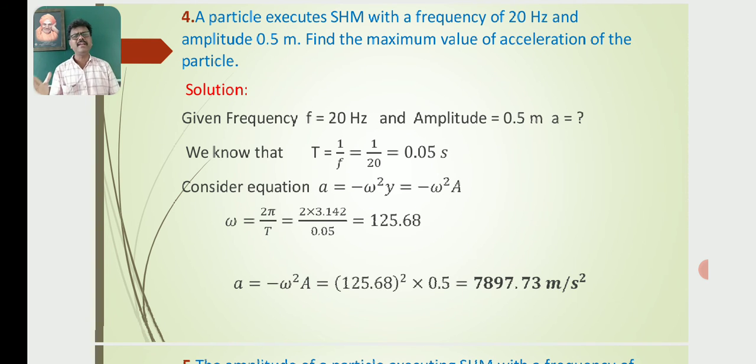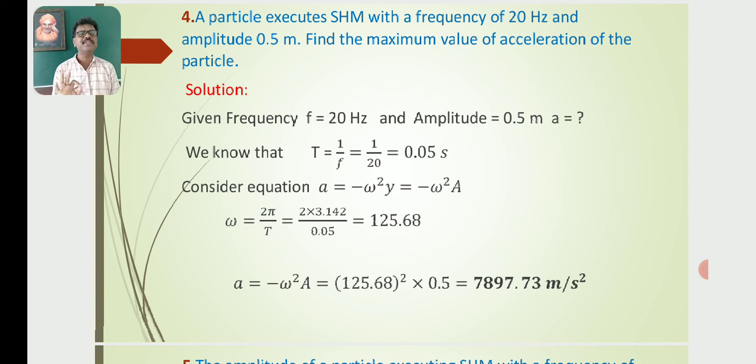And neglecting the negative sign, omega is equal to 2 pi by T, which is equal to 2 into 3.142 by 0.05, which is equal to 125.68. Then substituting the values of omega and A in the above equation, a is equal to omega square A, neglecting the negative sign because it indicates direction.